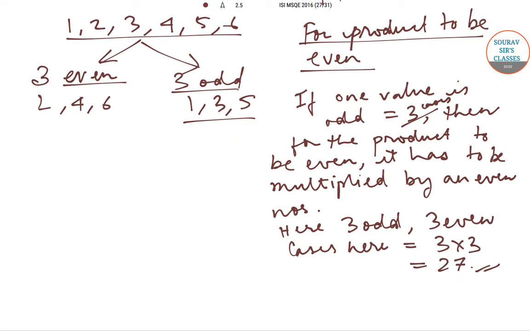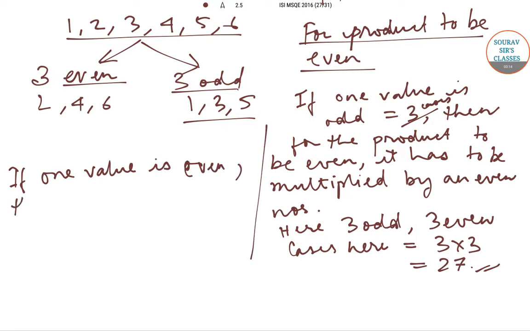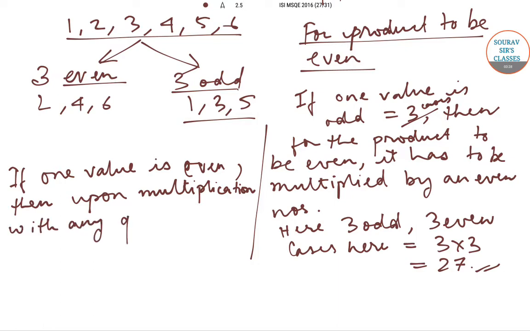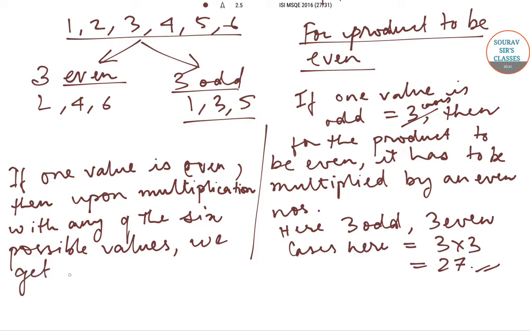Now if one value is even, then upon multiplication with any of the 6 possible values, we get an even product.